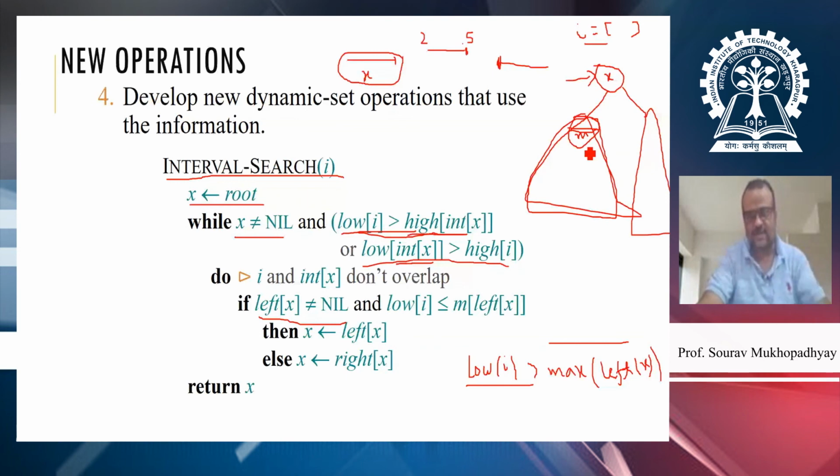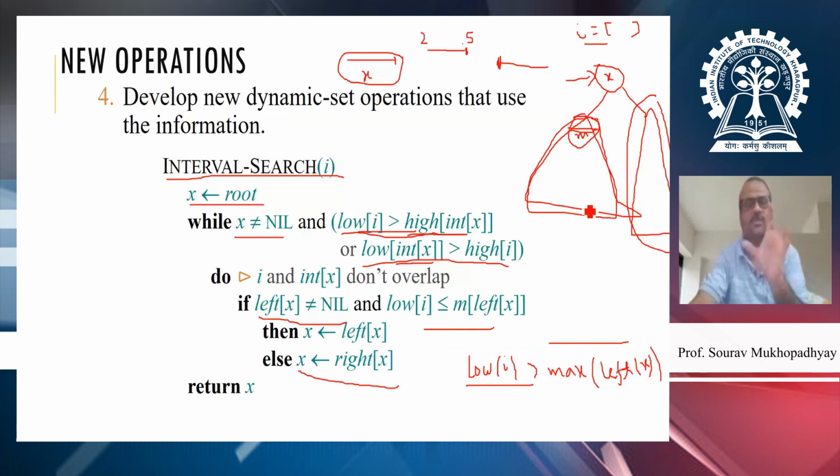So this is the other way we have taken. If low of I is greater than max, then we will go for the right part, otherwise we will go for the left part. Is this clear? Because if we are looking for an interval which is overlapping with I, and the max is less than low of I, then there is no question of going left, because all the intervals there will be less than I. The only thing is we have to go for the right part, that is the right of x.